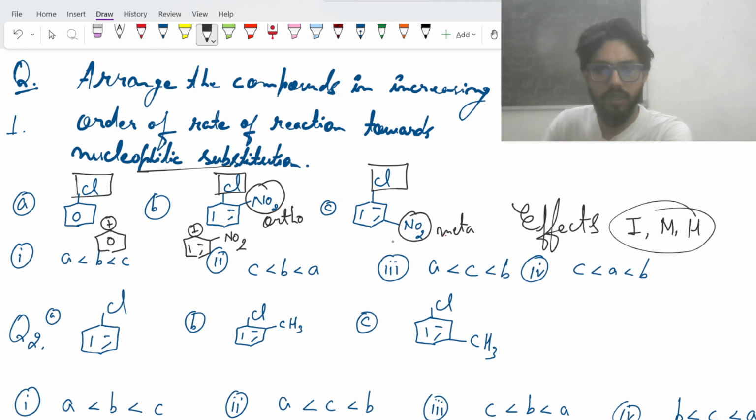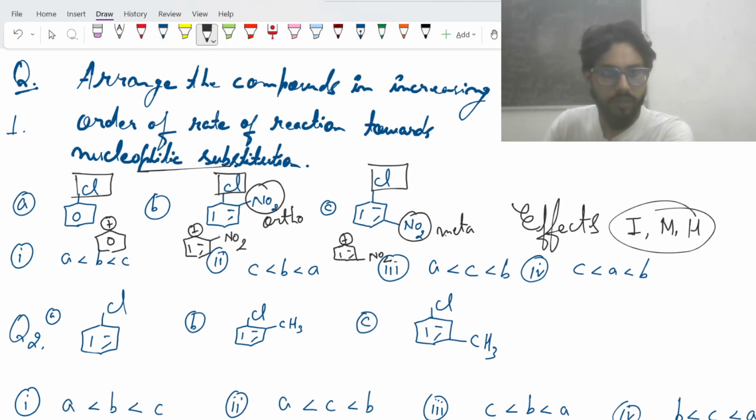And in the third one, we have this chlorine and NO2. We can rewrite this like this: after losing the chlorine, this kind of carbocation, this phenyl ring with positive charge. In all these cases you can see the phenyl ring is with positive charge.